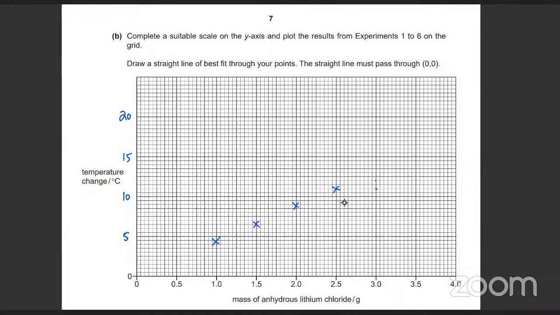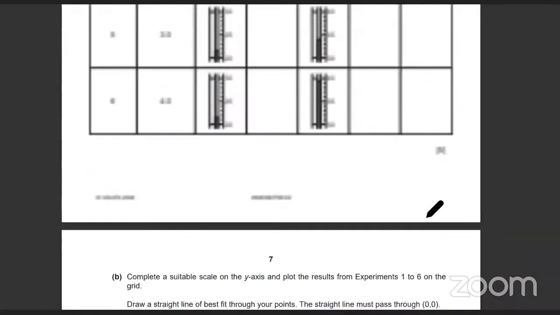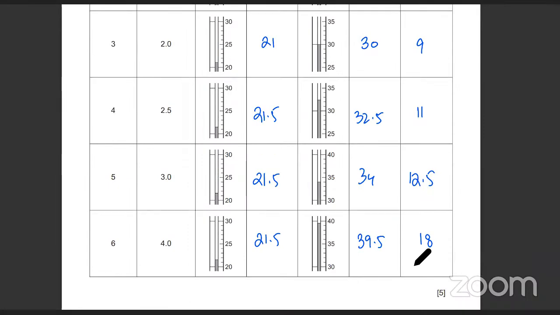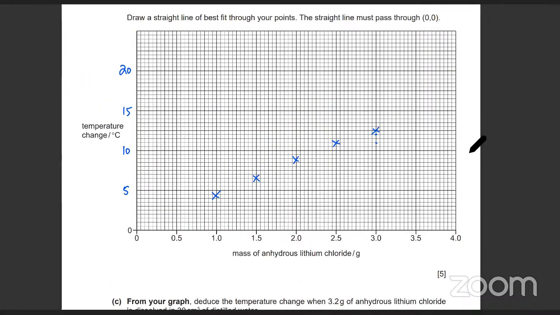The last one is at 4. At 4 it's going to be 18. 18 will be what? 16, 17, and then 18.